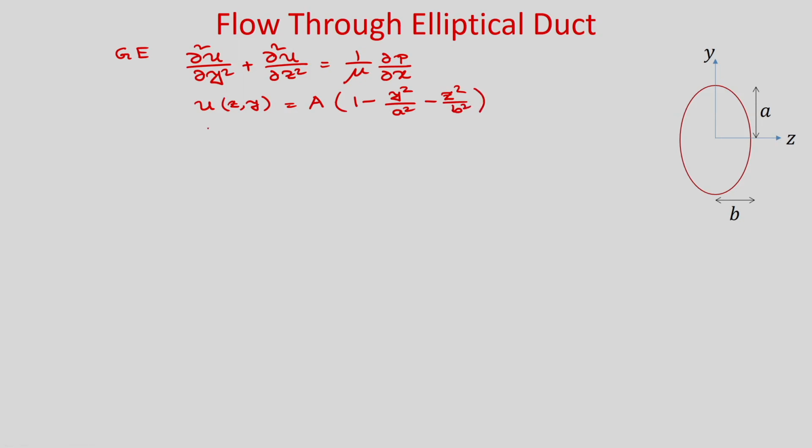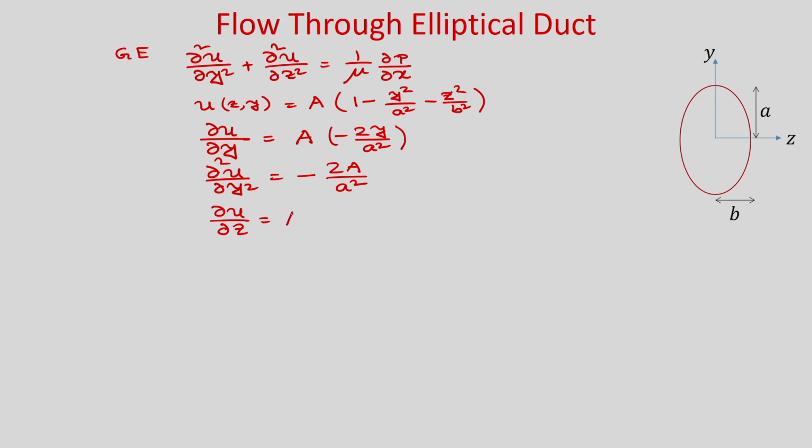You can see del u by del y will be A times minus 2 y by a square, and del 2 u by del y square will become minus twice A by a square. Similarly, you can write the derivative del u by del z as A times minus 2 z by b square, and del 2 u by del z square is equal to minus twice A by b square.